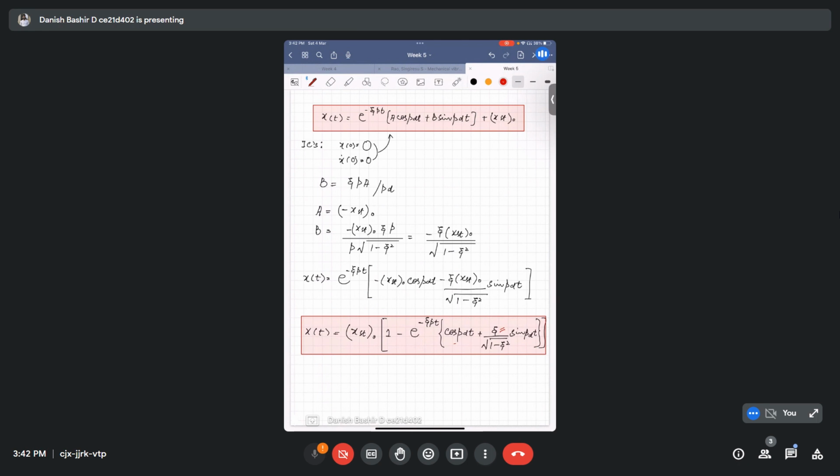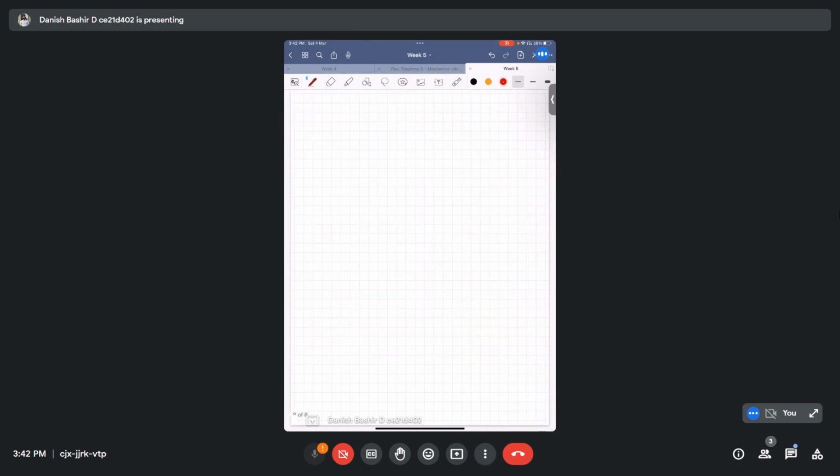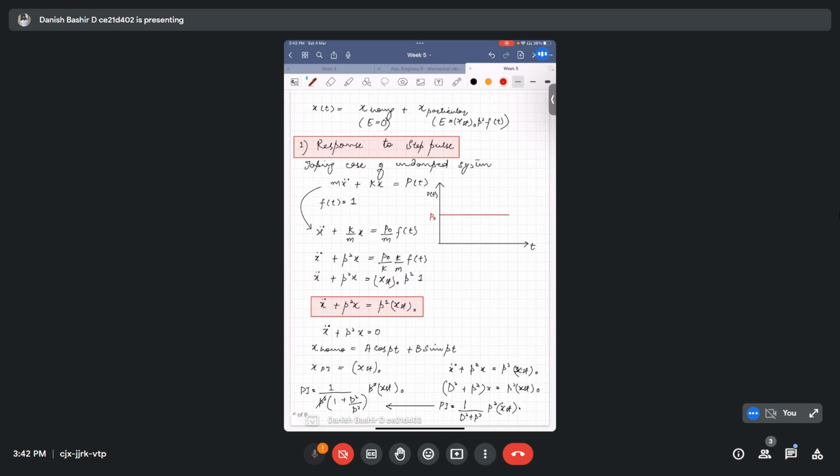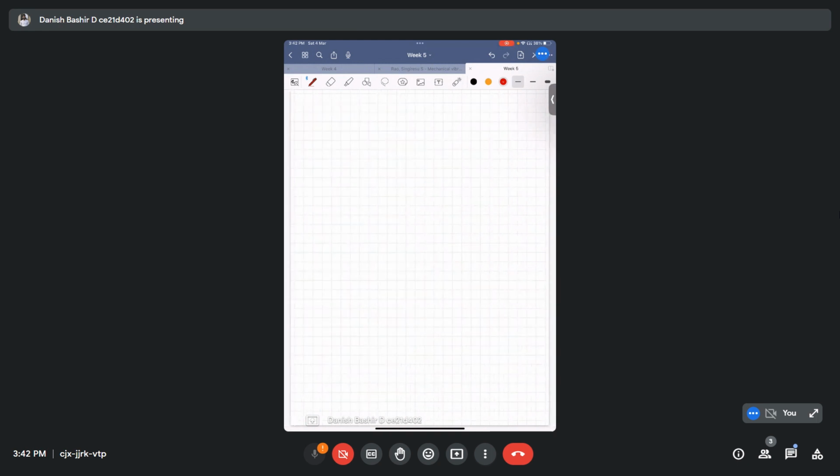We can do the same thing for a rectangular pulse. Rectangular pulse is a little bit interesting one. First one was response to step pulse, second one is response to rectangular pulse.